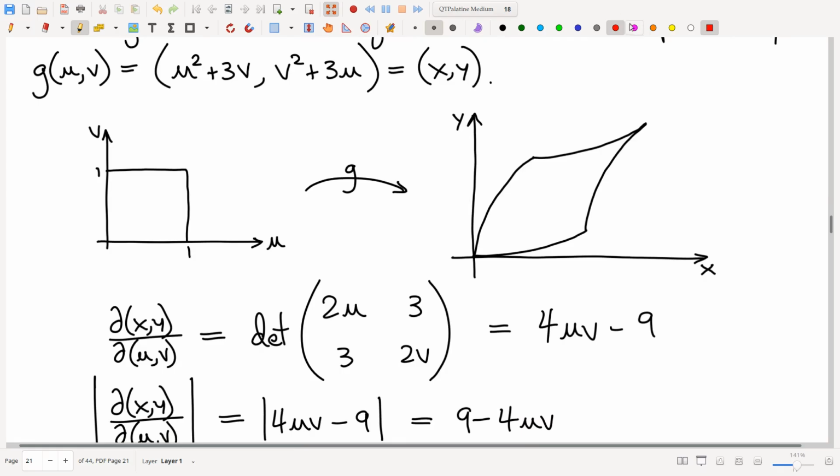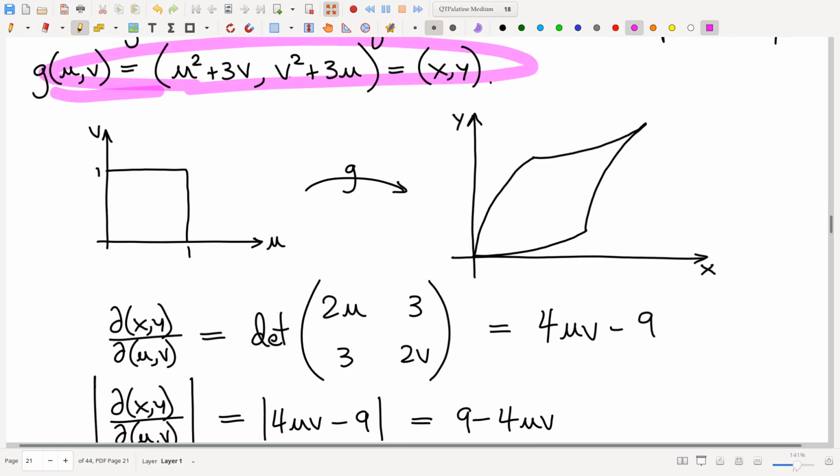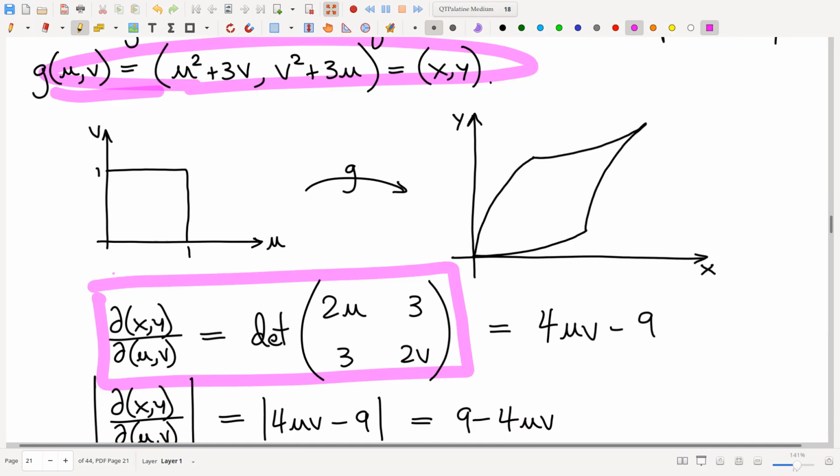Okay, here was our change of variables function. A couple of partial derivatives, and you can find the derivative matrix. It's just this. Now make sure you can do that. Remember derivative matrices from way back when: the partial derivatives arranged in a very particular order. You've got to get the order right.